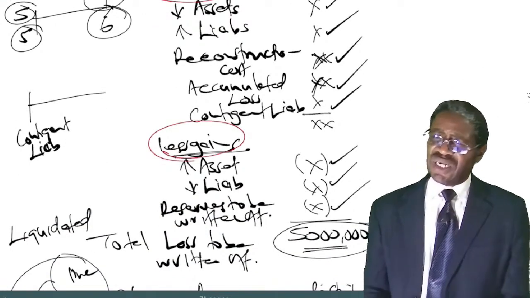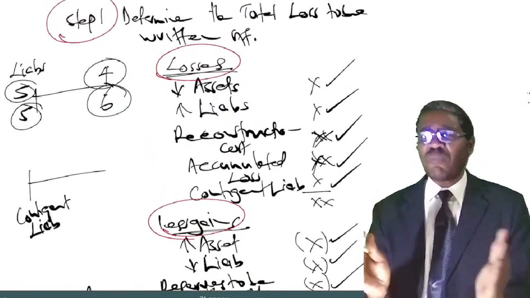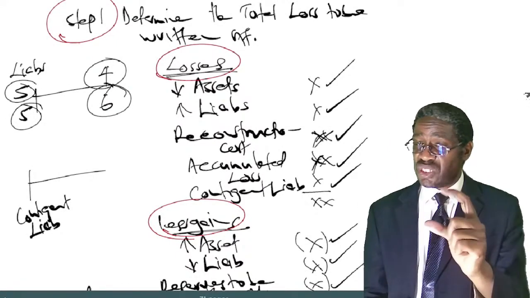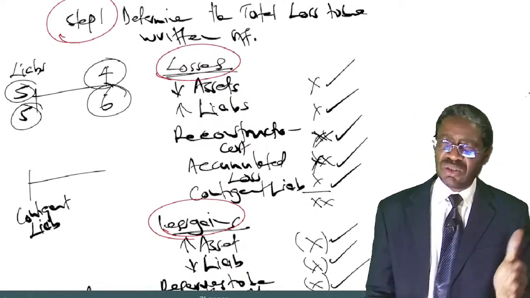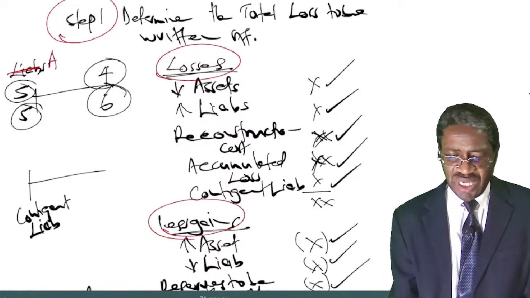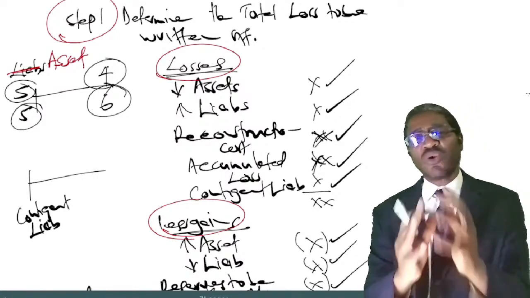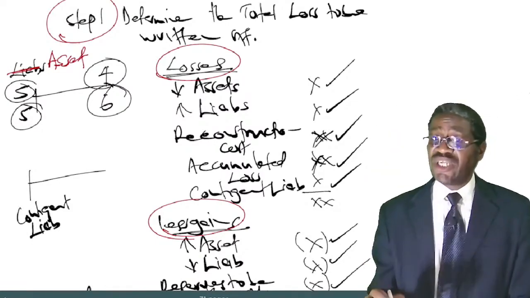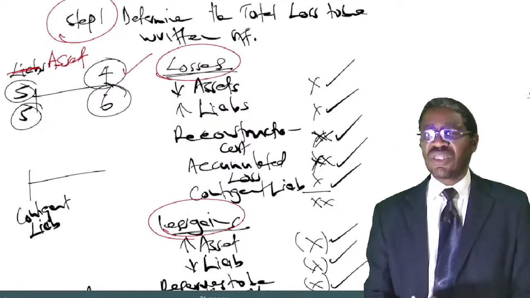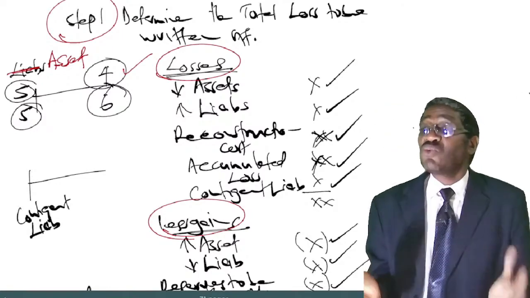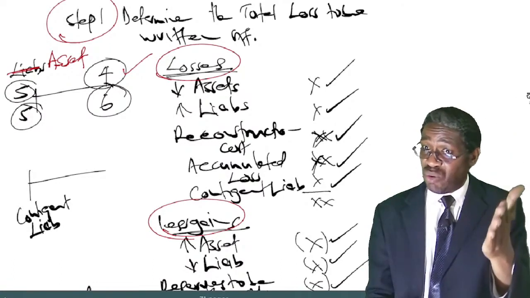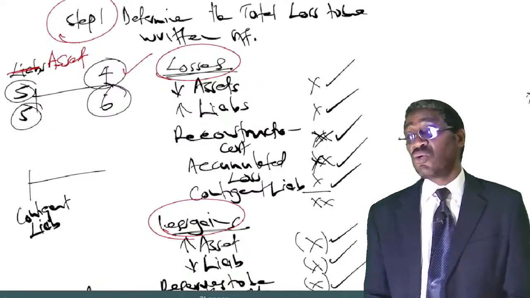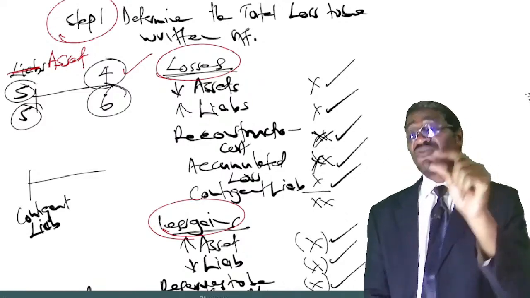Then we identified some of the losses that the company may suffer whenever they are reconstructing themselves. If before reconstruction one of your assets had a book value of 5 million, but after reconstruction it will go into the books at 4 million, then automatically your company will suffer a loss.